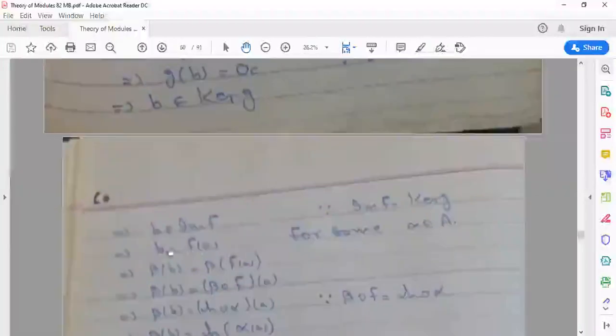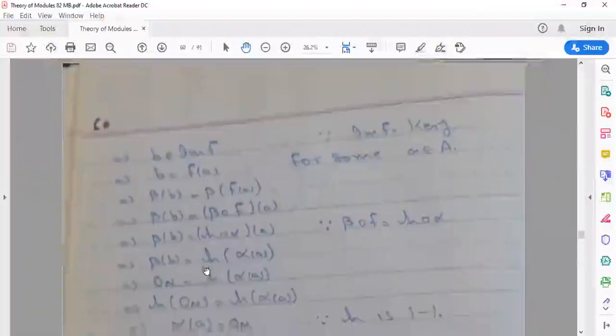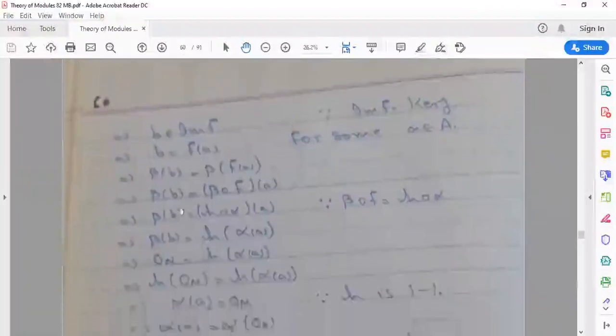After this, the kernel of g is equal to the image of f, by hypothesis. So b, that is f of a is equal to b, basically image of f. This means we take an element a from the set A and assign it to the function f, the result will be b. Then we again apply beta on both sides, so beta of b.